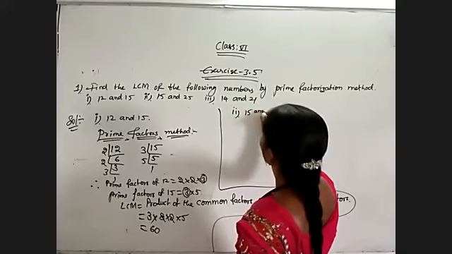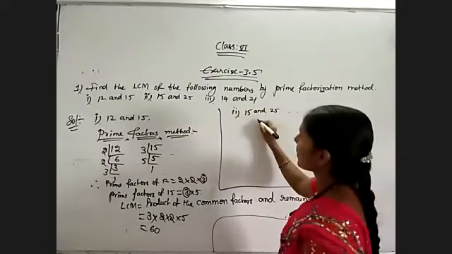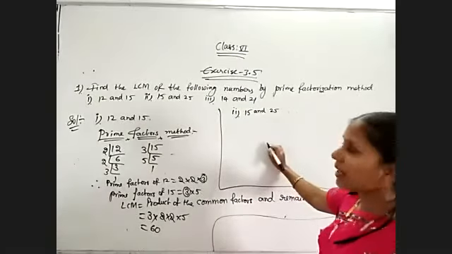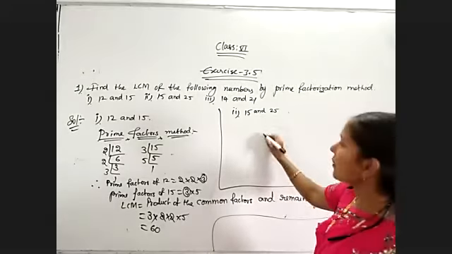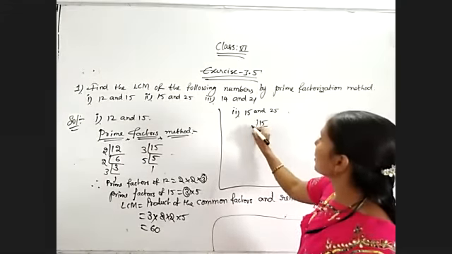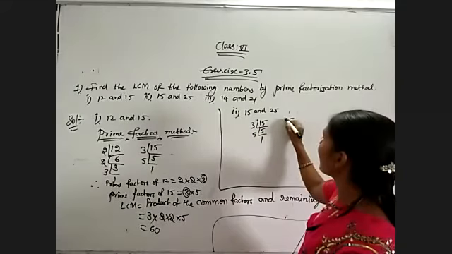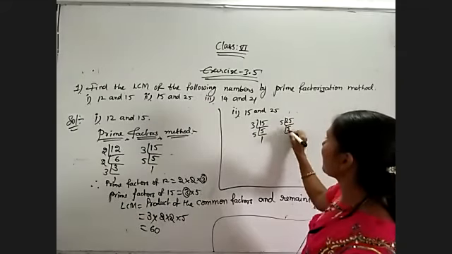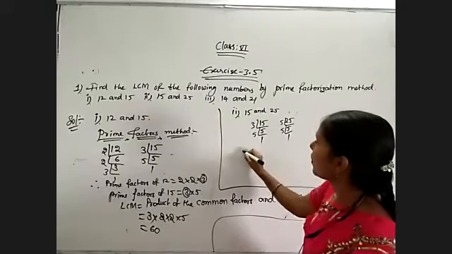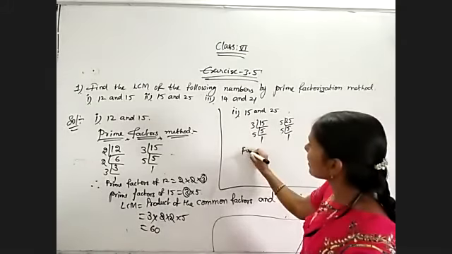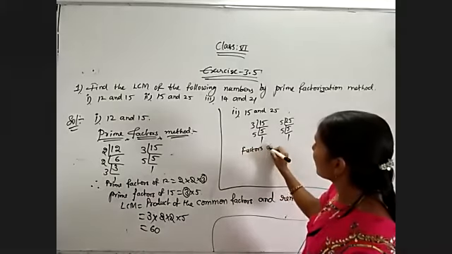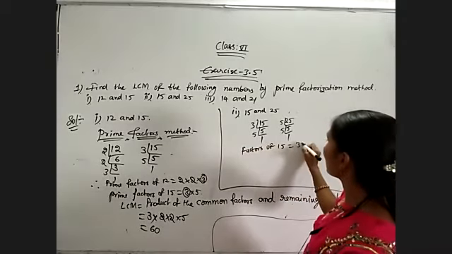15 and 25. As I told you, separately find the prime factorization of 15 and 25. So 15, 3 fives are 15, 5 ones are 5, and for 25, 5 fives are 25, 5 ones are 5. Now factors of 15 is equal to 3 into 5 into 1.